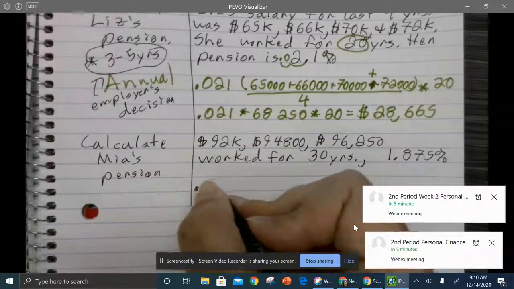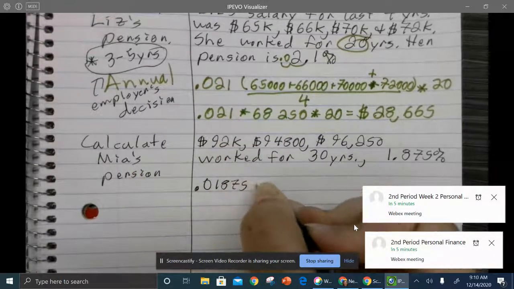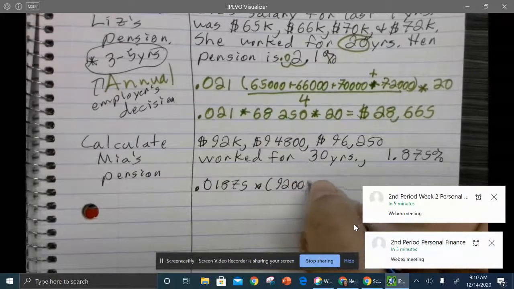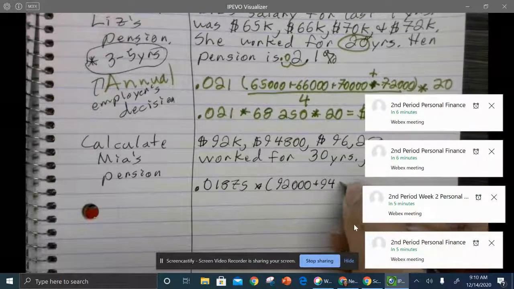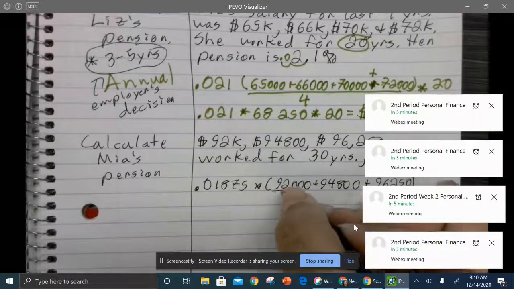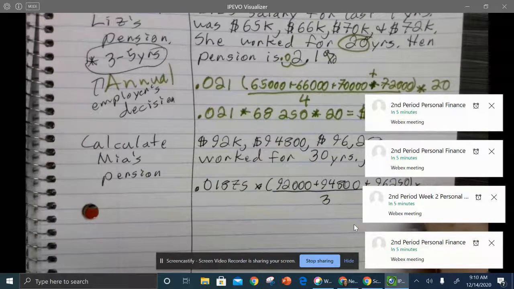Okay, so we're going to do the decimal. The percent as a decimal times 92,000 plus 94,800 plus 96,250 divided by 3, because it's 3 years, times 30 years.